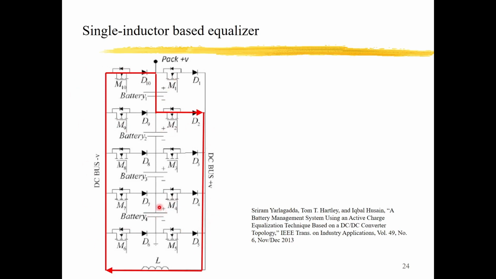So the energy will be transferred from the highest SOC battery to this battery by this inductor. In this way, there are many switches, but we can directly transfer the energy from the highest one to the lowest one. So it can effectively reduce the SOC imbalance in the battery module.